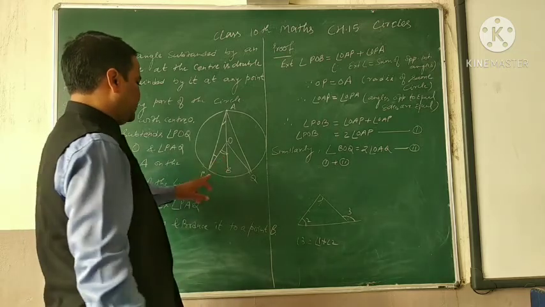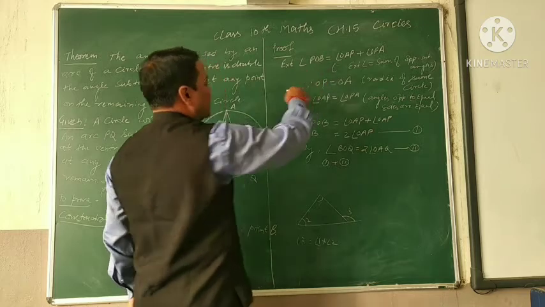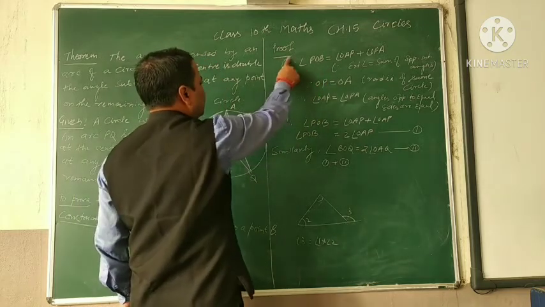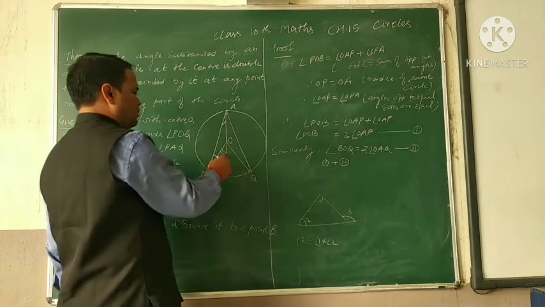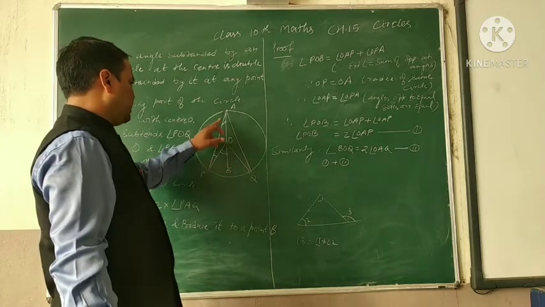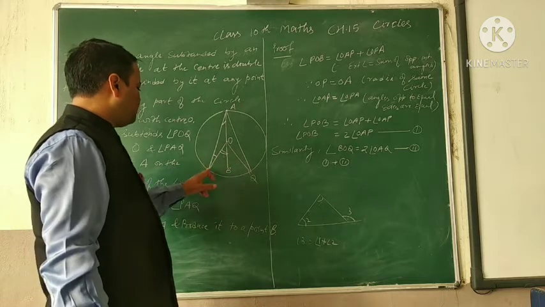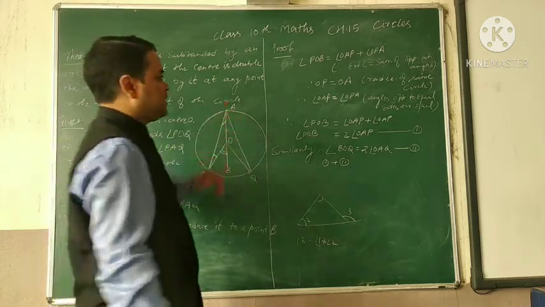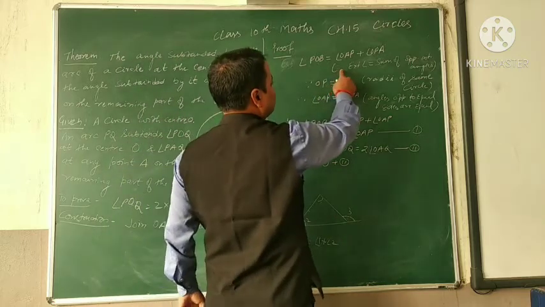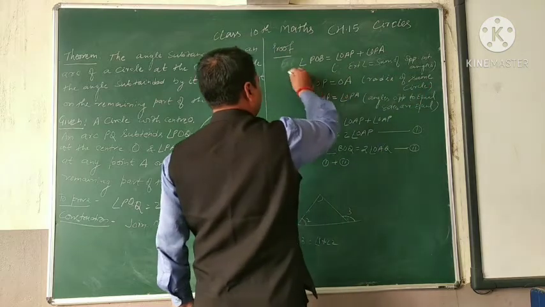Therefore, we can write exterior angle POB, or simply angle POB, equal to angle OAP plus angle OBA. What is the reason? The reason is that the exterior angle is equal to the sum of the opposite interior angles.